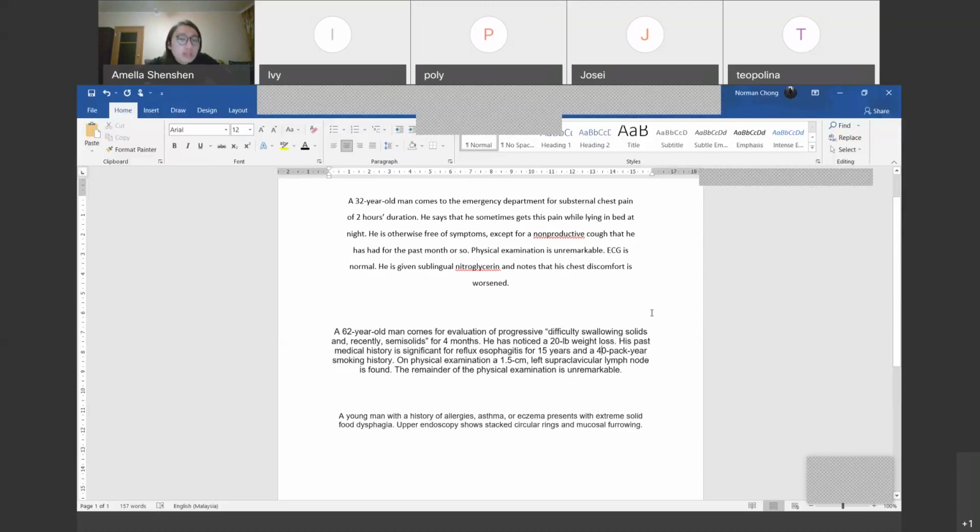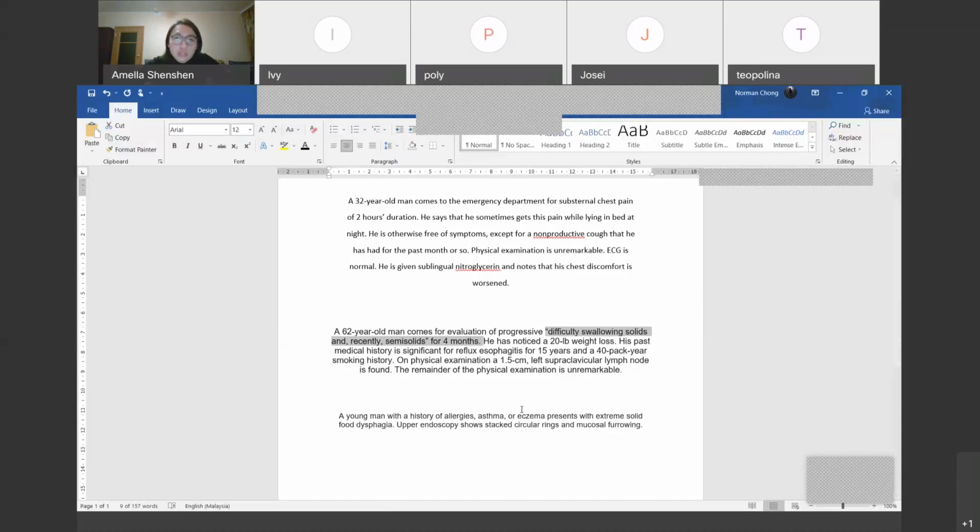All right, there's plenty of things to talk about here. First and foremost, difficulty in swallowing solid and then semi-solid food for 4 months. Dysphagia, right? If you want, you can read up on staging of dysphagia. I don't know if it's available everywhere, but if you can't find the classification of dysphagia, let me know. I can send it to you.